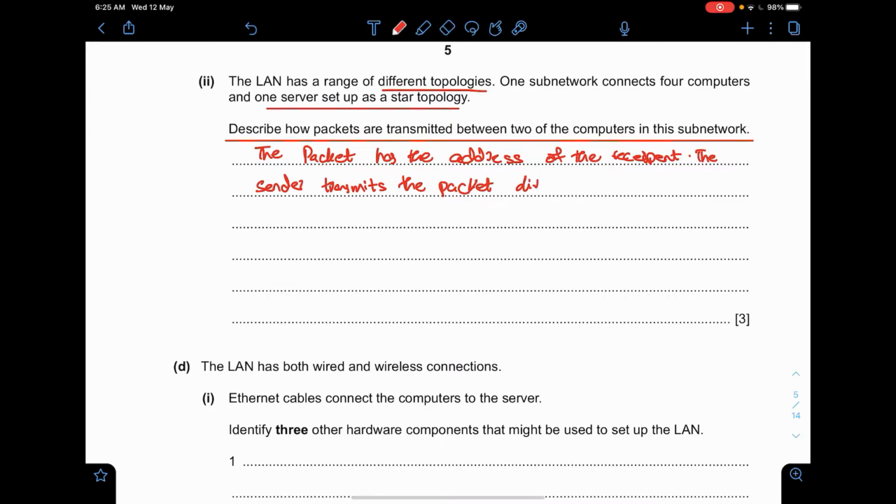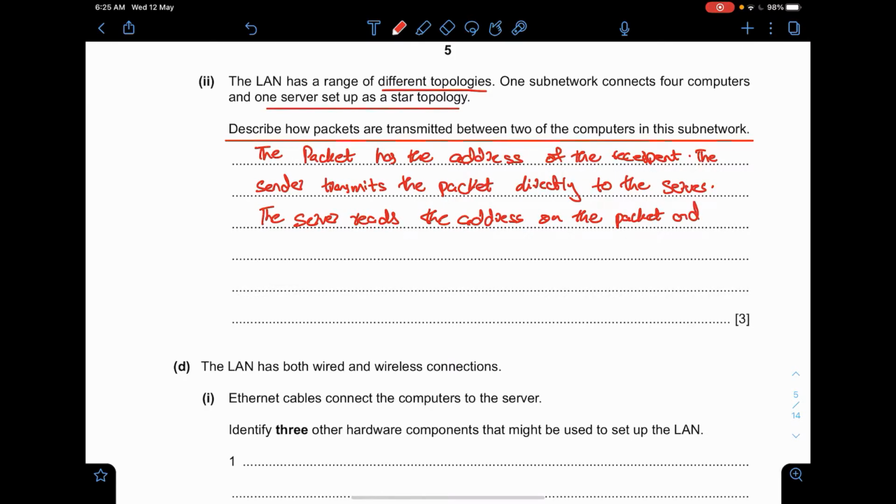Now the part comes in where your server figures things out. The server reads the address on the packet.